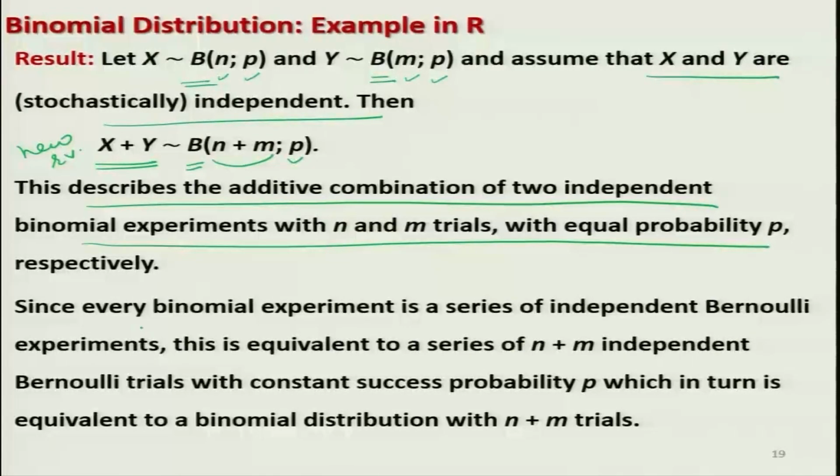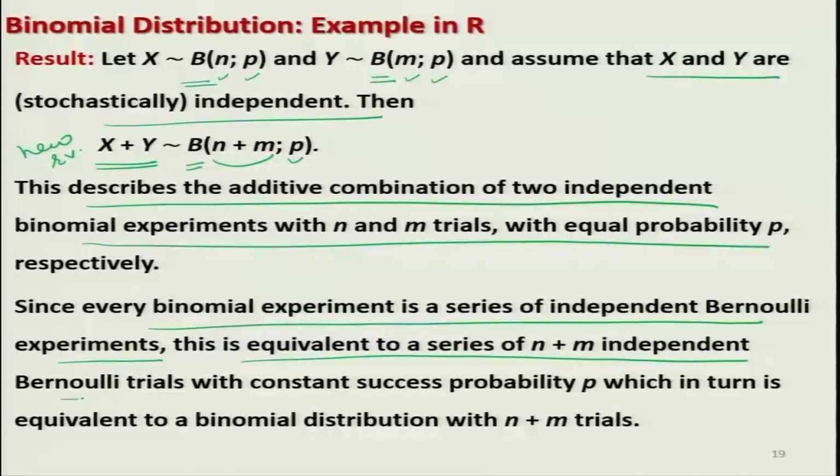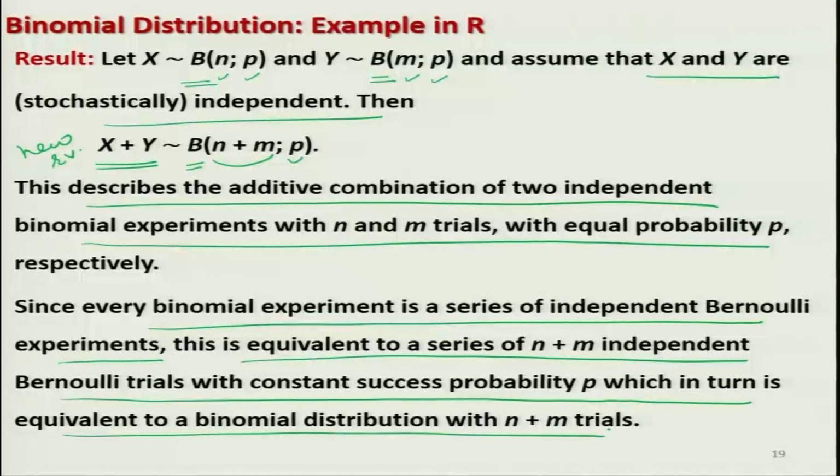Every binomial experiment is a series of independent Bernoulli experiments, and this is equivalent to a series of n plus m independent Bernoulli trials with constant success probability p, which in turn is equivalent to a binomial distribution with n plus m trials. In the case of X, a smaller number n of Bernoulli trials gives you a binomial.